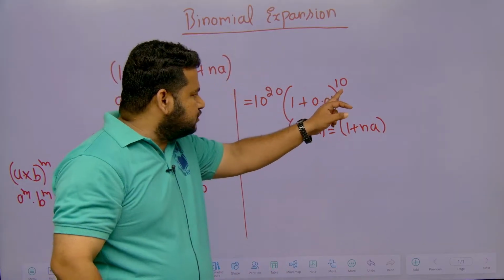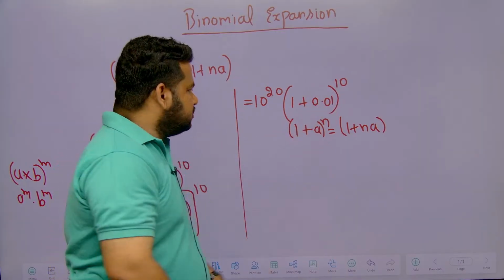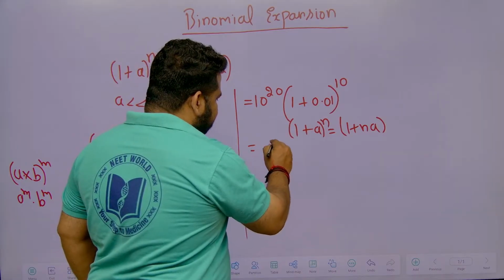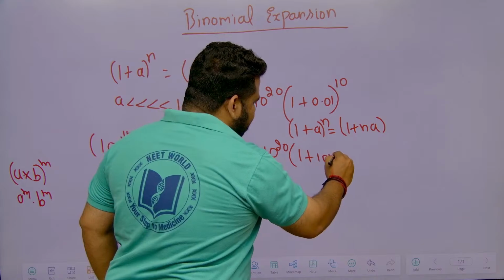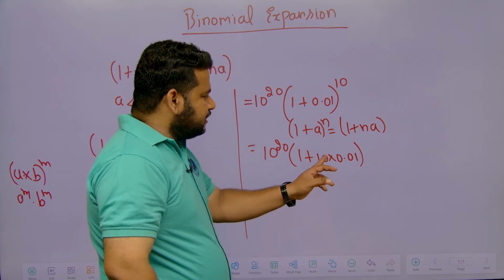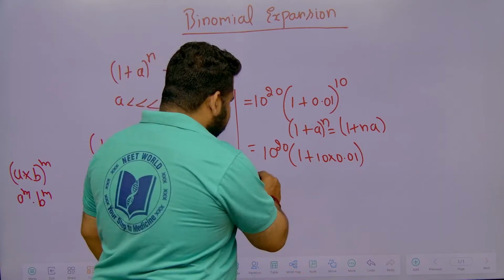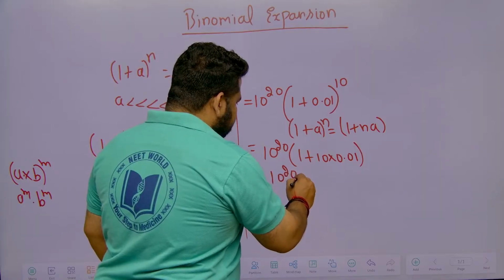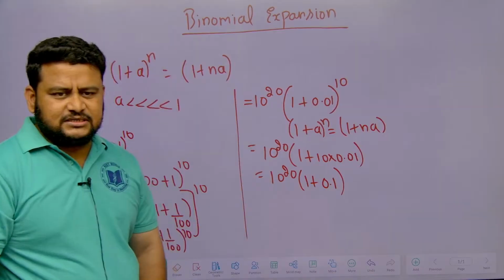So here what should I do? This 10 I will bring inside. So this will become 10 to the power of 20 into 1 plus 10 times 0.01. 0.01 into 10 is what? 0.1. So it will become 10 to the power of 20 into 1 plus 0.1.